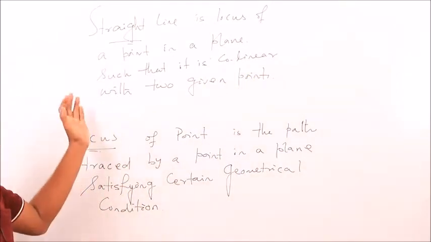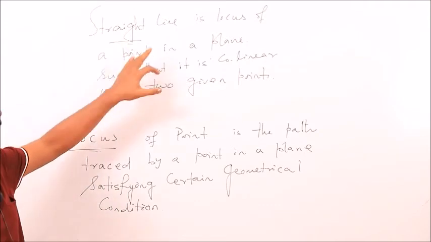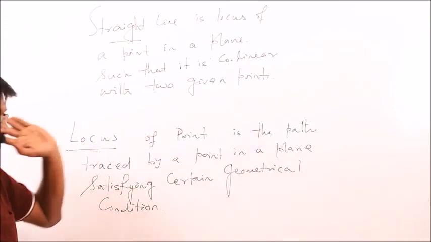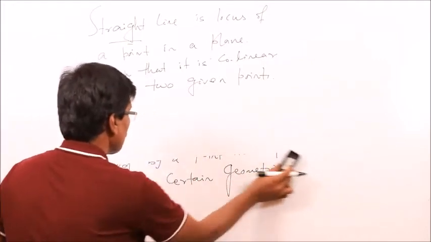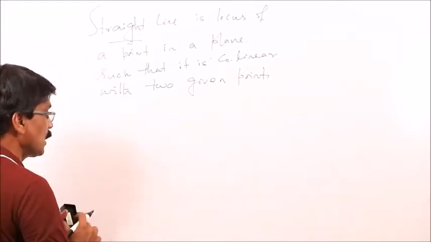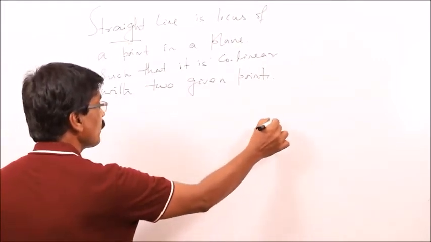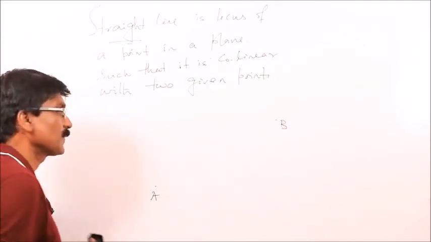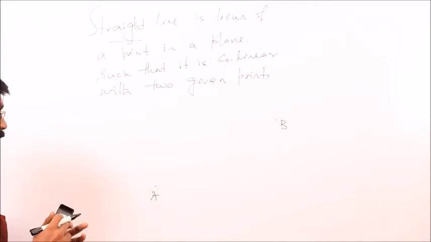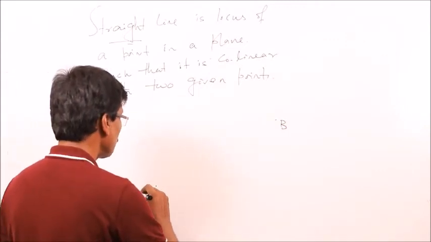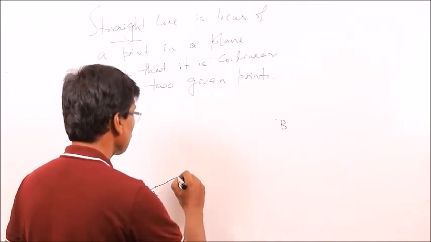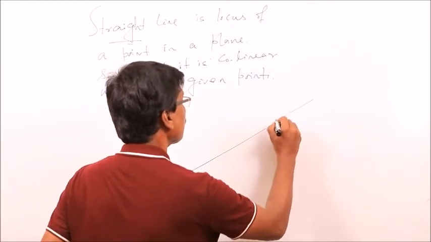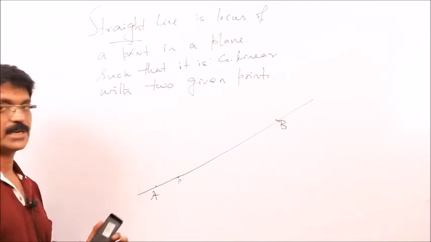If we have two given points A and B, and a point P which is collinear with the two points A and B, the locus of P is called a straight line.